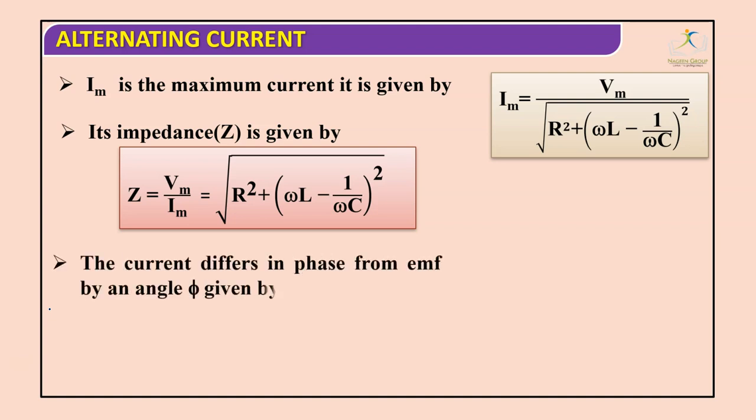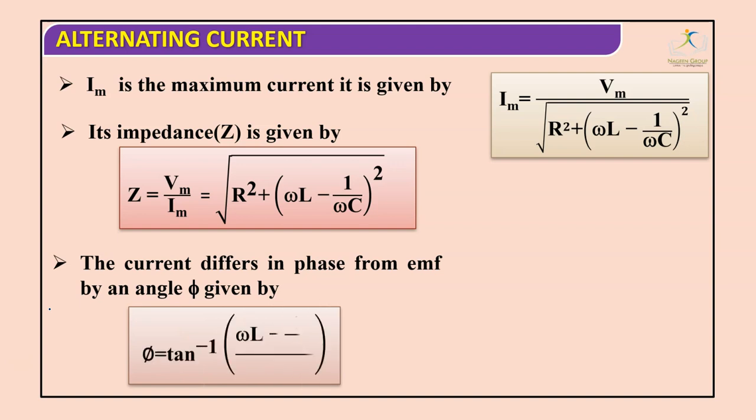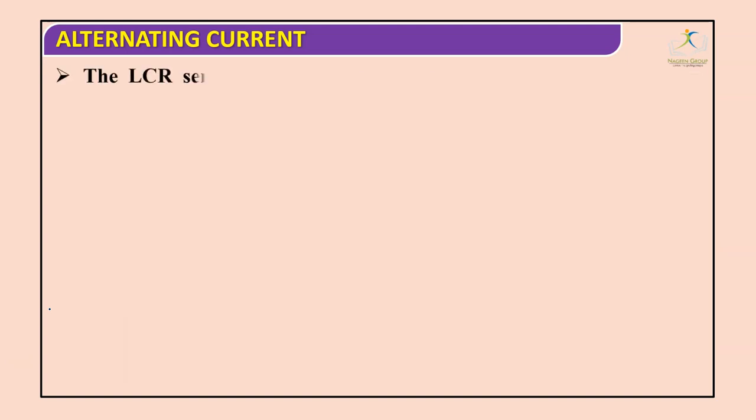The current differs in phase from the EMF by an angle φ given by φ = tan⁻¹((ωL − 1/ωC)/R).